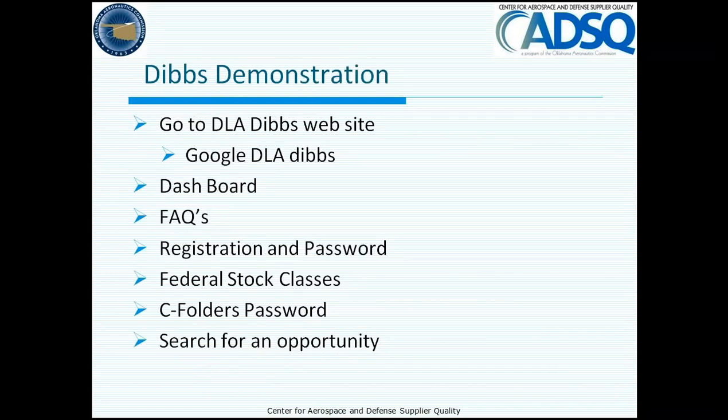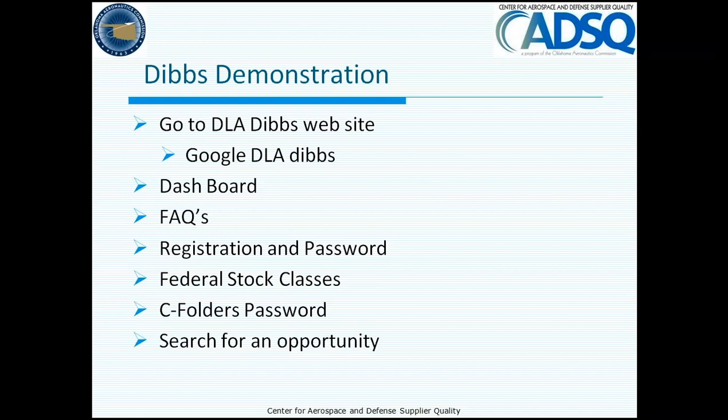I'm going to tell you what I'm going to tell you, and then I'm going to show you what I told you. So you go to the DLA website. I'll cover FBO in a minute, but for the DLA website, I just Googled DLA DIBBS, and the first link that comes up is the DLA website. You'll go to the home page, and you'll see a dashboard, and I'll talk about that dashboard.